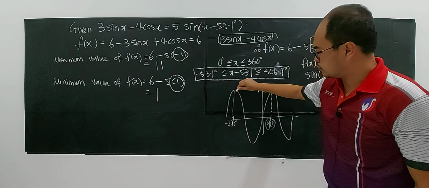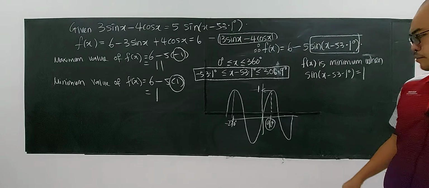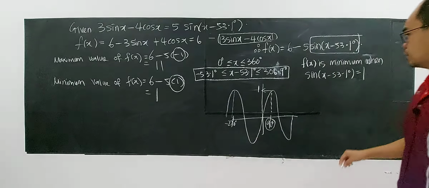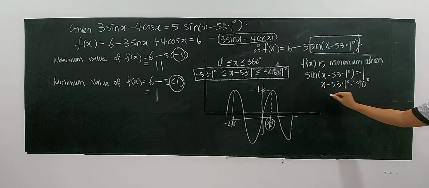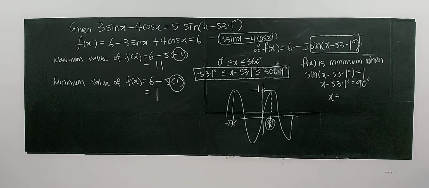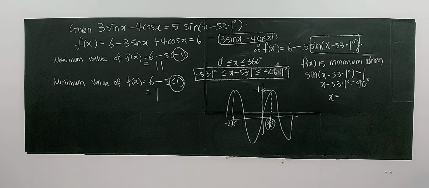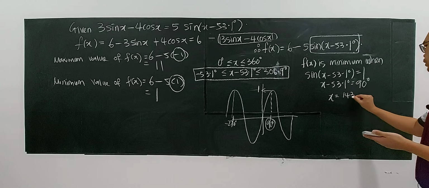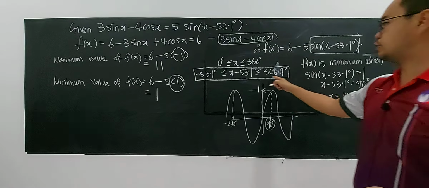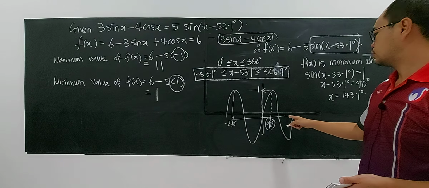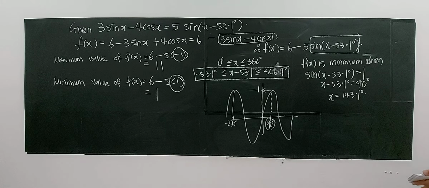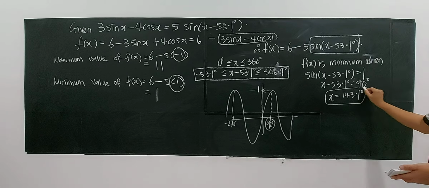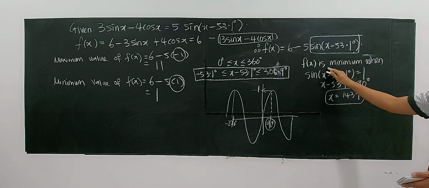And -270 is outside the range here. So x - 53.1 degree has to be 90 degree. So you have x equals 90 plus 53.1, which is 143.1 degree. Within this range, only this can cause the function to be minimum, right? So now you know that when x is 143.1, f(x) is minimum.